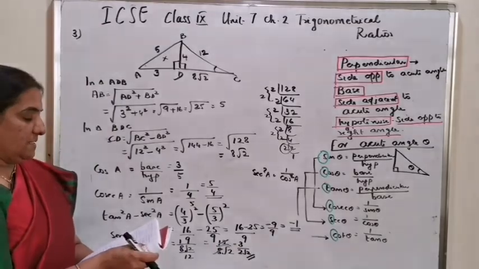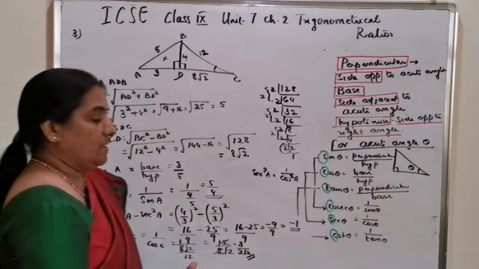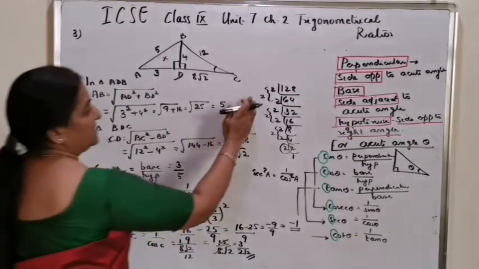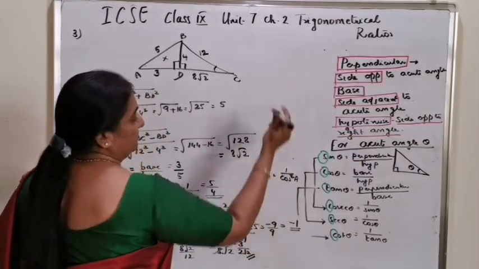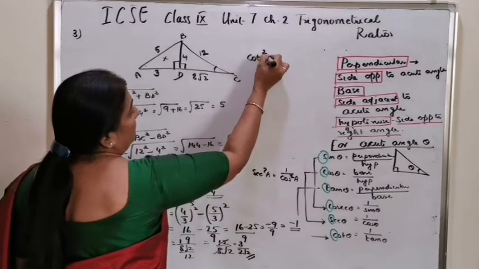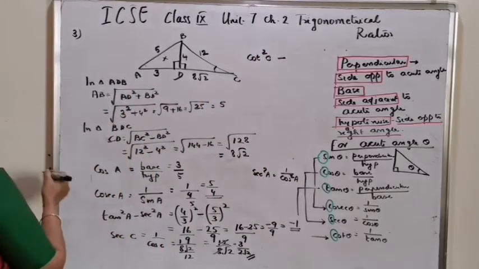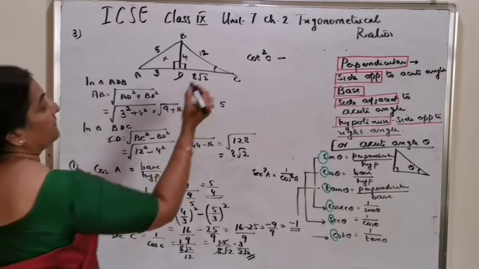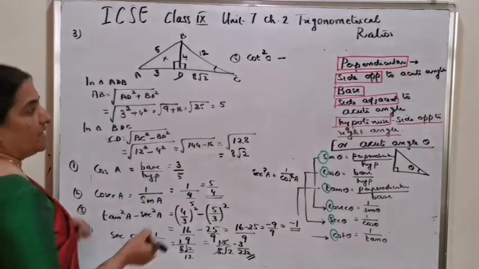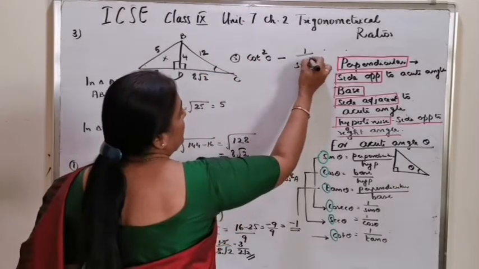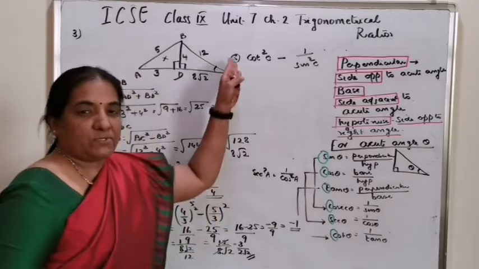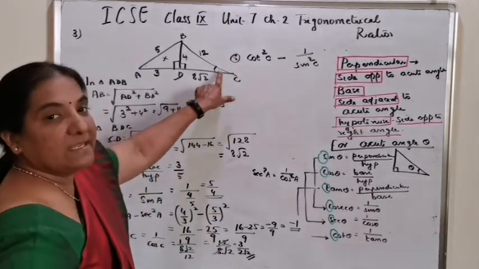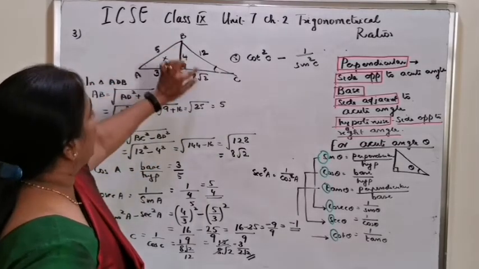The next value is cot square C minus 1 by sin square C. This is the fifth subdivision. Cot square C is the reciprocal of tan square C. Tan C is 4 by 8 root 2.